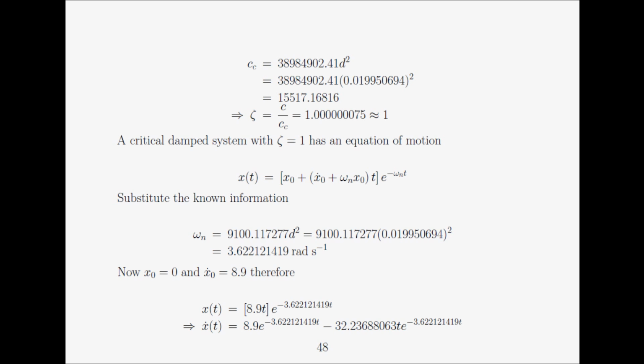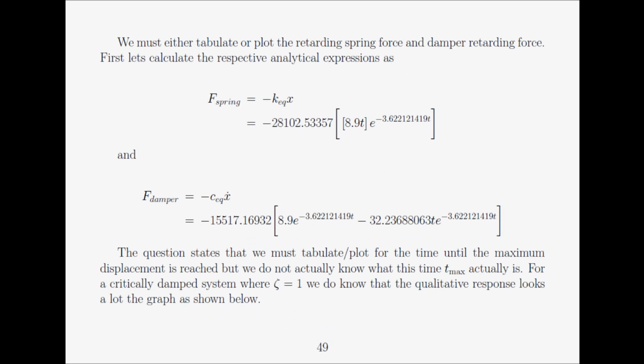This is a train, it has a mass, there's a spring, there is a damper. The spring force is by definition minus k times x. We worked out k, we've calculated x, we now have a formula for the spring force. We took the derivative before in the previous slide for the displacement, so we've got an analytical expression for x. Then we have an analytical expression for the damping force.